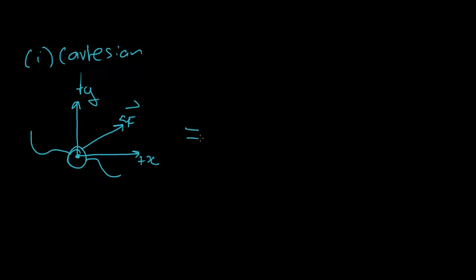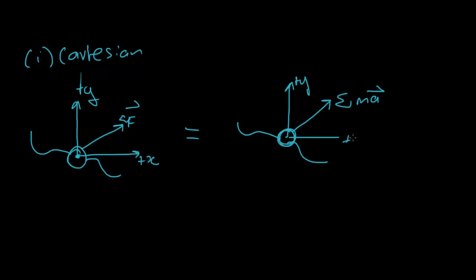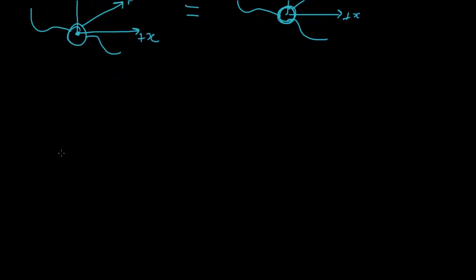Now, according to Newton's second law, you have a ball here again, an identical path. This is the sum of the mass times acceleration. Again, here's our reference point, here's our positive y direction, and over here, our positive x. What we can say is that with this force and this acceleration, here's our force.